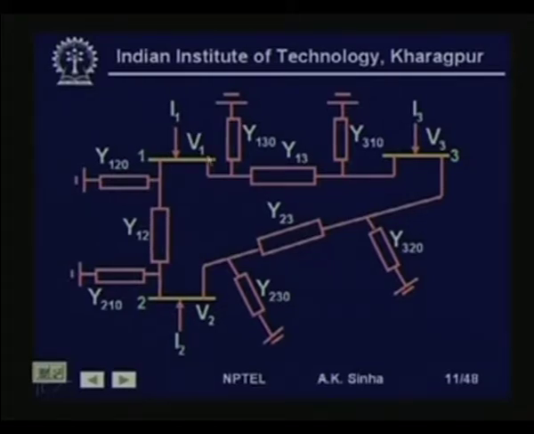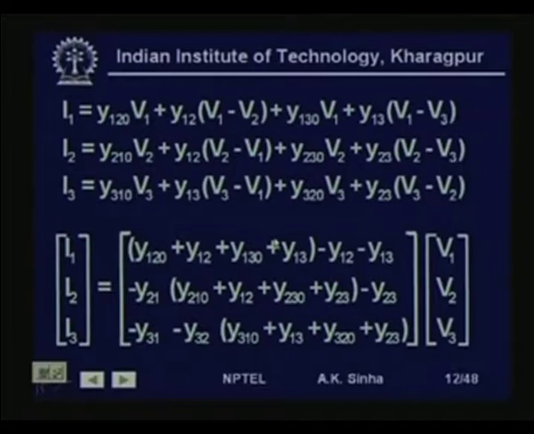If you look at bus bar 1, what are the elements connected to it? Y10 is connected, Y20 is connected, Y12 is connected to it, and Y13 is connected to it. So, these elements are directly connected to it, and if we sum all these elements, we get the diagonal element Y11 for this bus bar.